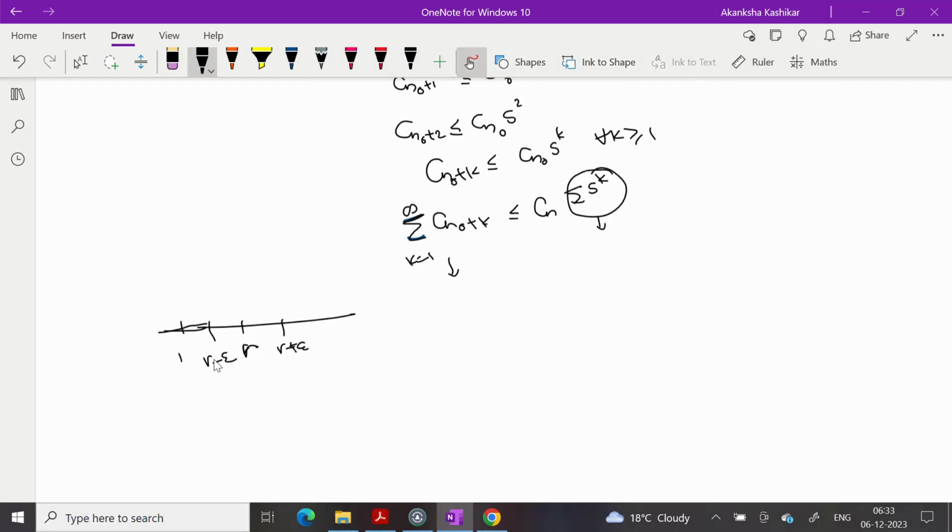Then all but finitely many terms of the sequence will be here, that is they will be greater than 1, so we will use that. So choose epsilon greater than 0 such that r minus epsilon is greater than 1.